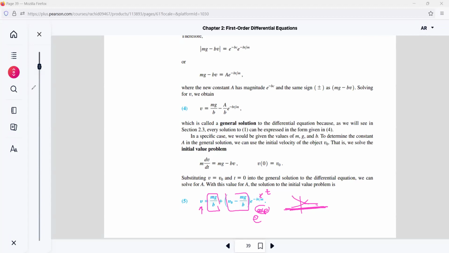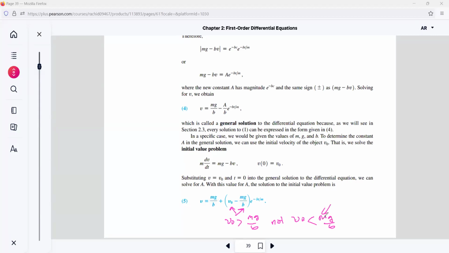Then what else do we need to examine here? These two. You see, if V0 is greater than mg over b, it's not the same as if V0 is less than mg over b. We know that from subtraction. 1 minus 2 is not the same as 2 minus 1. So how will these things affect it? When is mg over b greater than V0?